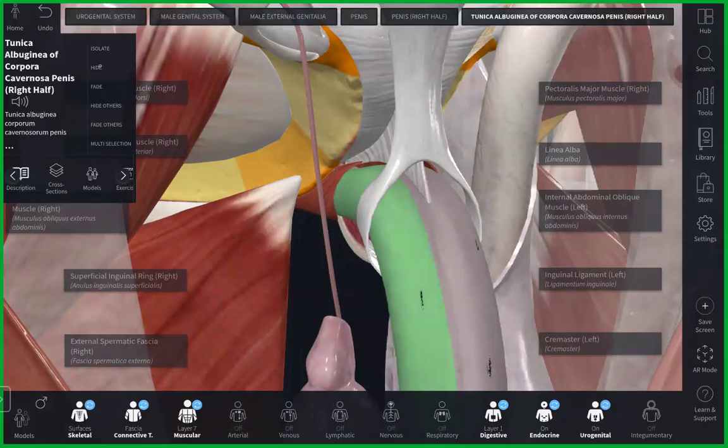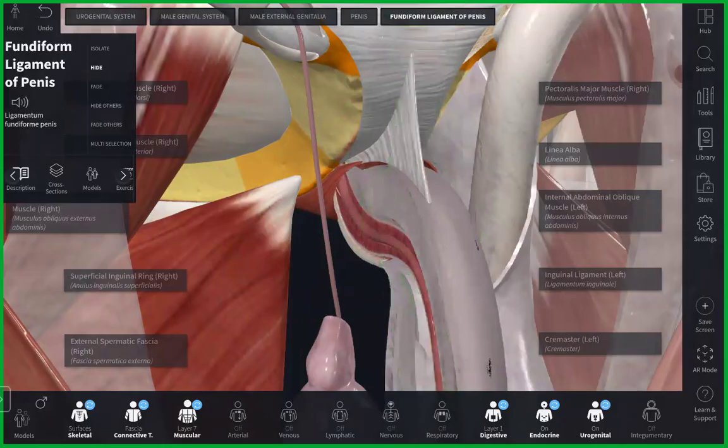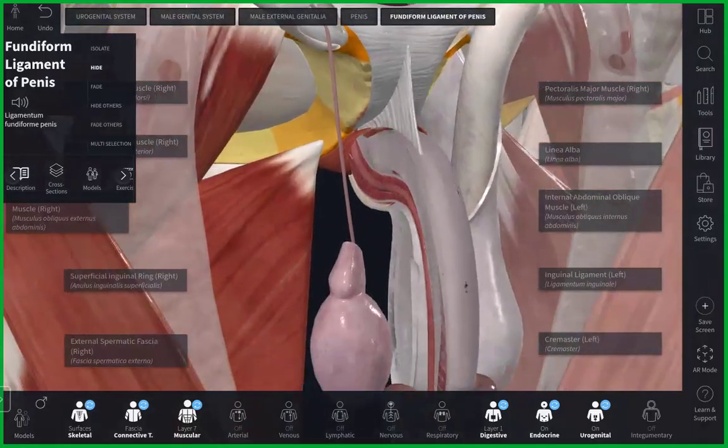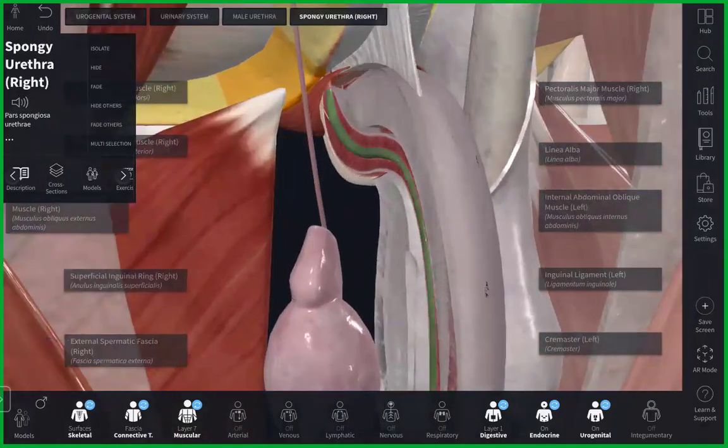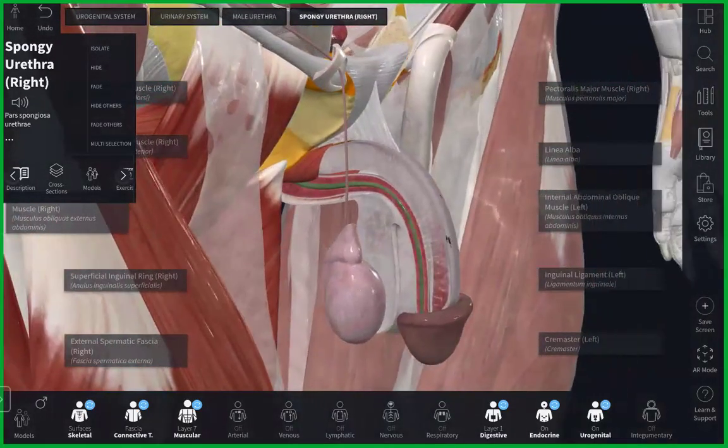Okay, we hide it. So we can see the rest of it. So this is our whole urethra, the spongy urethra right there. This is our spongy urethra right there when we see from the side.